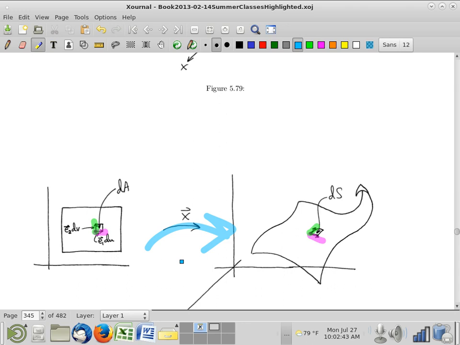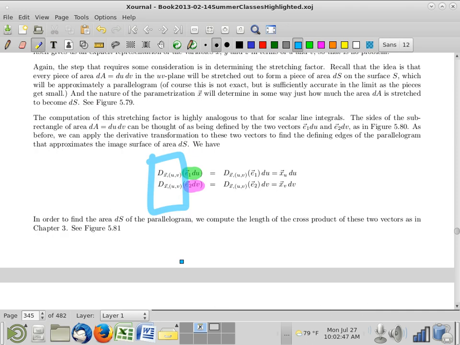When I apply it to these two input vectors, I get these two output vectors. Everybody happy? Now, the details of this calculation are no big deal. They're actually a lot like what we did with line integrals. Namely, I'm applying a derivative transformation to a vector.